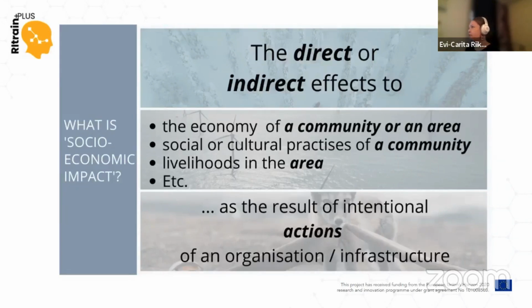But in broad terms, it means the direct or indirect effects either to the economy of a community or an area, or the social or cultural practices in that community or area, or effects to the livelihoods, but not limited to those. The effects are the results of intentional actions of an organization or infrastructure.